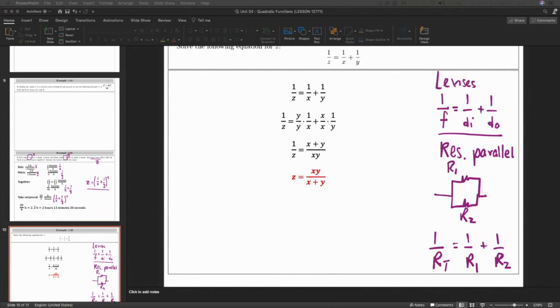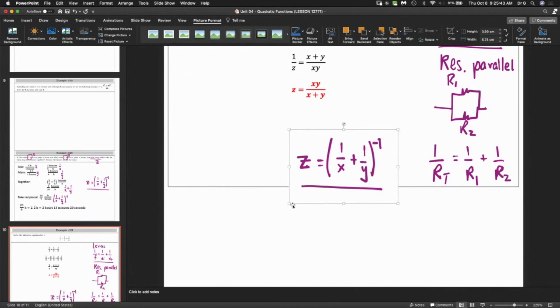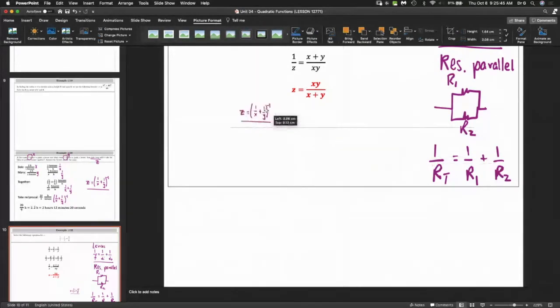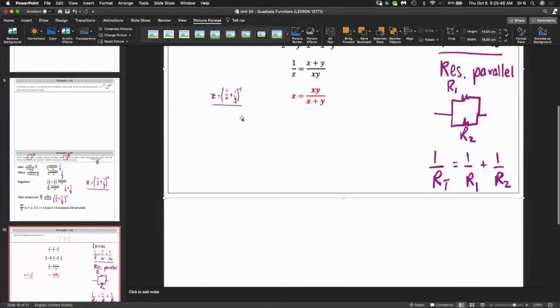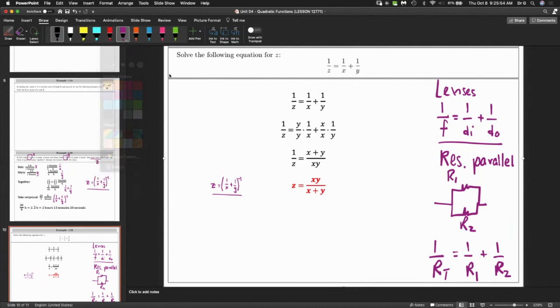There we go. Remember that thing? It's the same answer. This thing here is the same. It's just that this one's prettier. That one's prettier on the right.